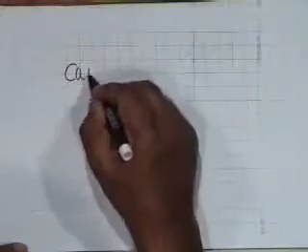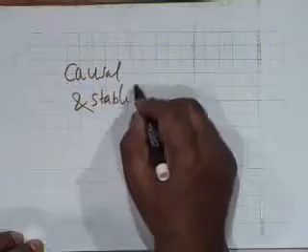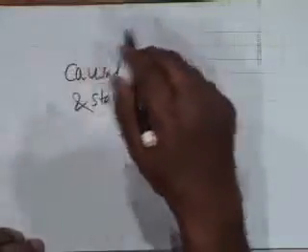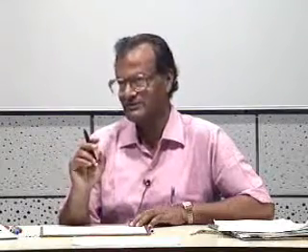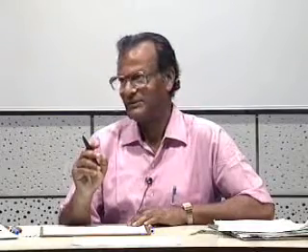If the system is causal as well as stable, I was only making a forward statement, very guarded in my statements. If the system is causal as well as stable, now you can make a definite statement. What is the statement? The ROC must be outside the unit circle. It should be outside the unit circle.